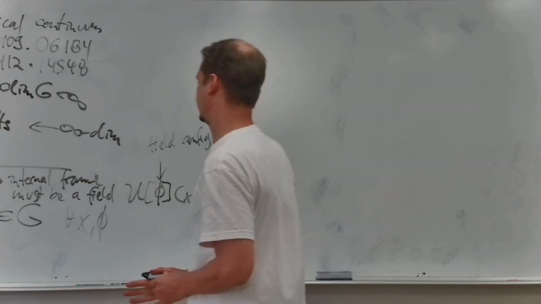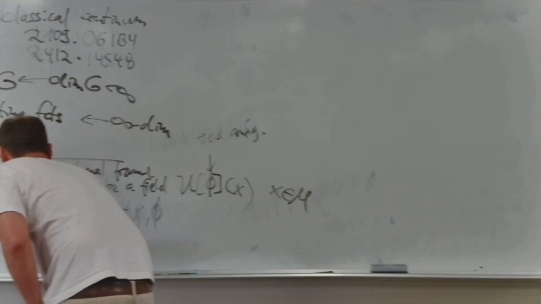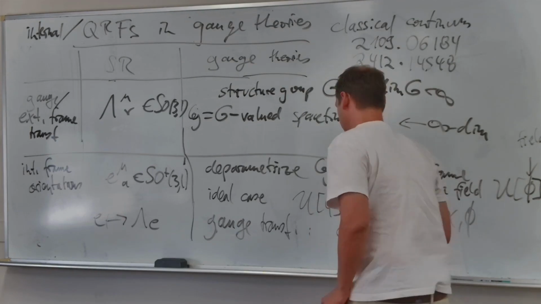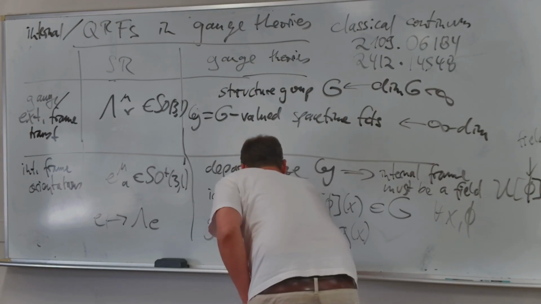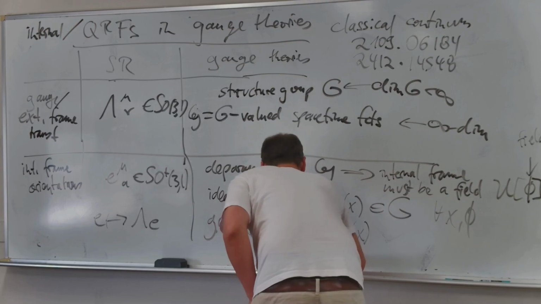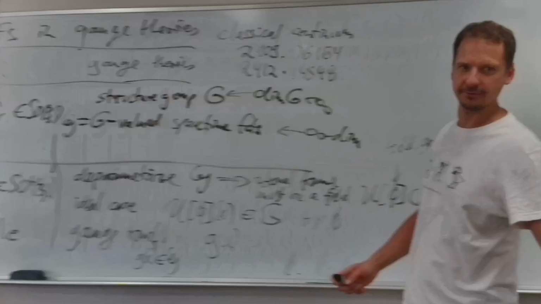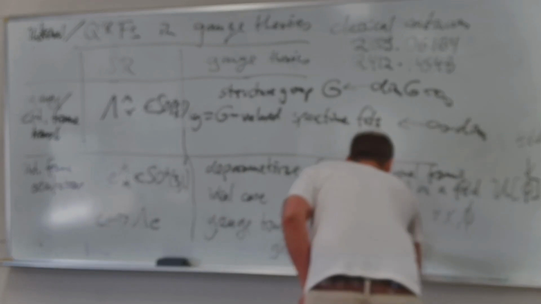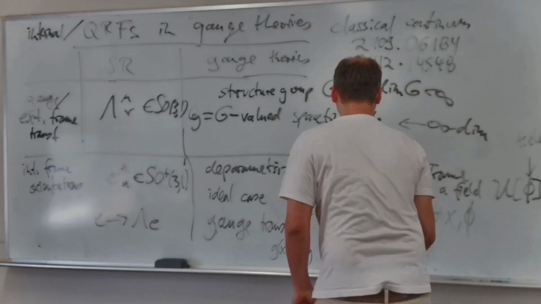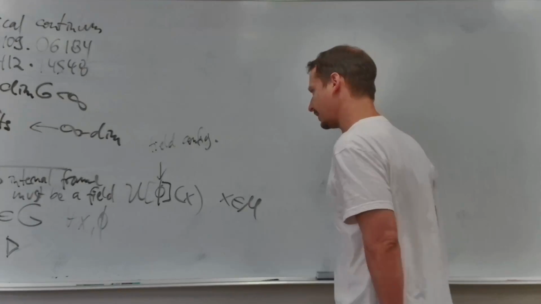Let me write it. So G of x is in the same group. So for each fixed x, it is structure group valued. And I'm just going to write a right triangle for the group action on the reference frame.